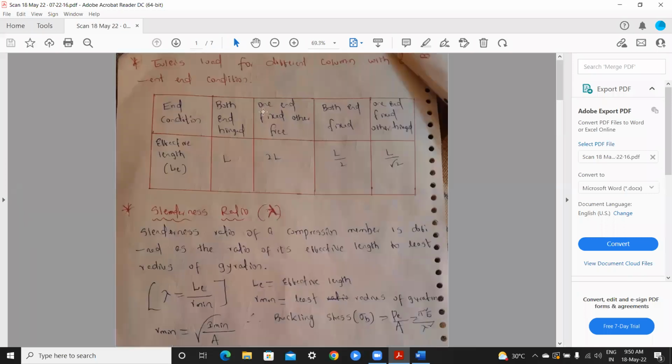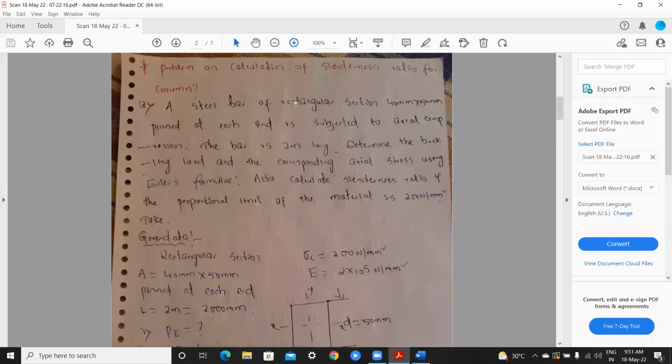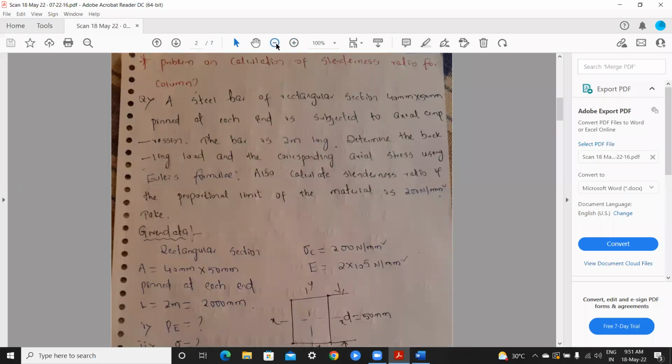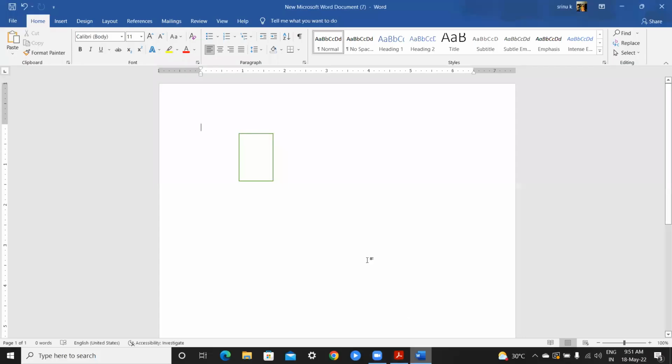Pinned at each end means the effective length formulas will be there for different conditions. So pinned at each end, it is subjected to axial compression. Rectangular section 40 mm into 50 mm. You can see here, the breadth is 40 mm and depth is 50 mm.